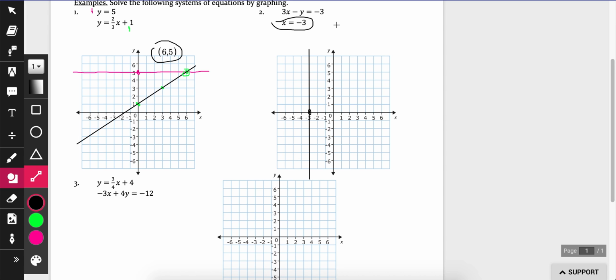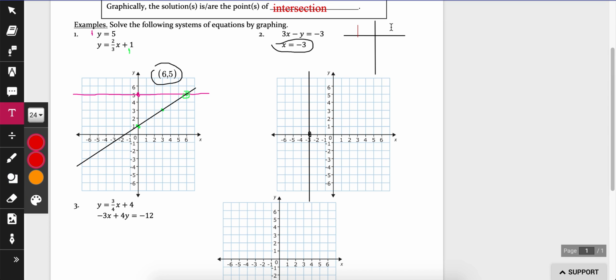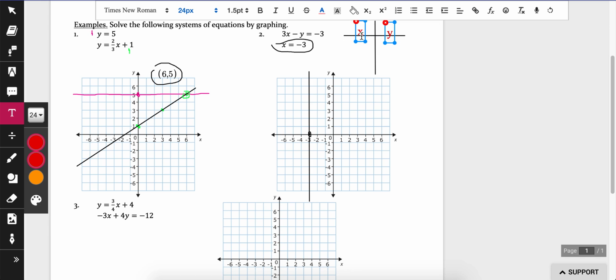Our second line is in standard form, ax plus by equals c, which means I want to start graphing this by setting up a table of values. I have my x coordinate and my y coordinate.